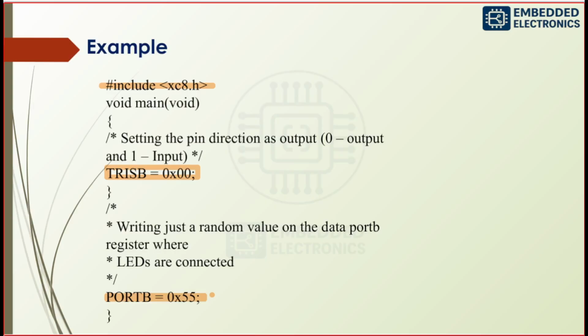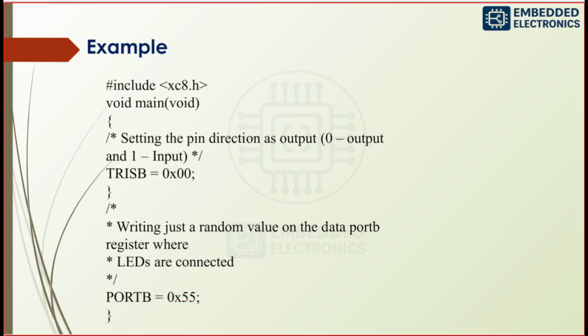Now if you write like this, can you guess this is LED code? If I write code like this, can you guess this is LED code? No. Don't consider the comment lines, I am saying only this. So we can't tell this is LED code.